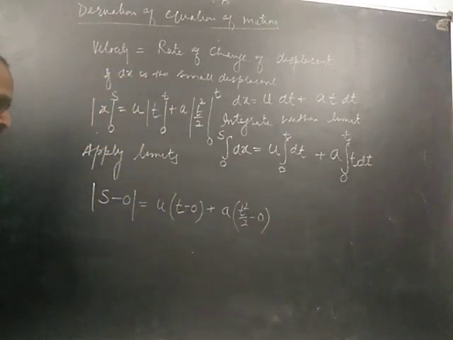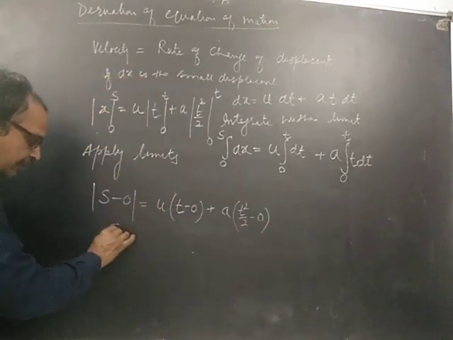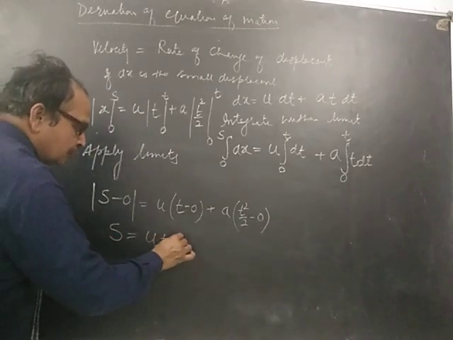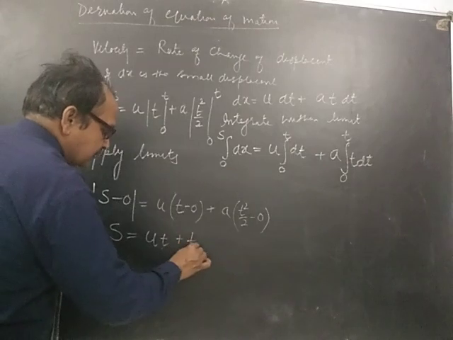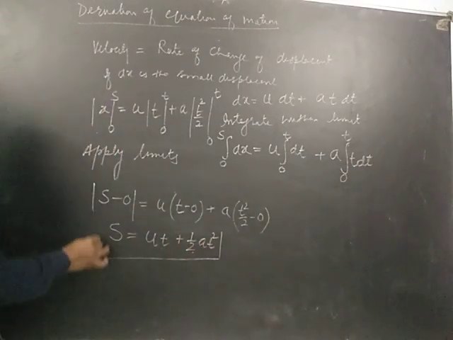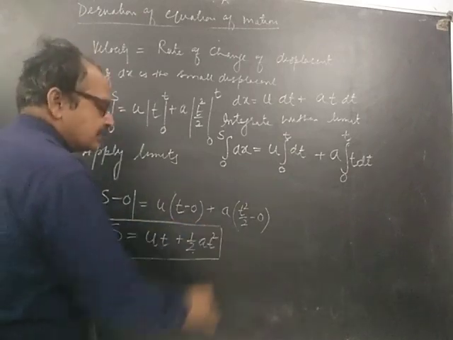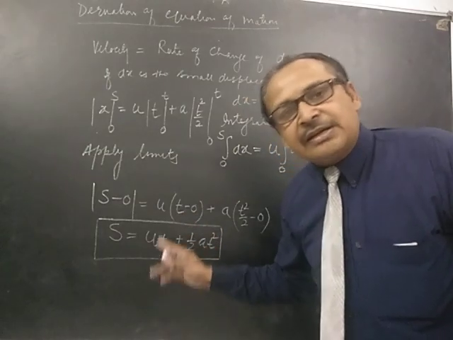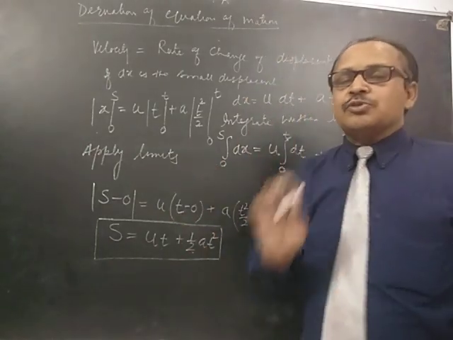Is it clear? So when you open this, what you get? S is equal to ut plus half at square. And this is nothing but your second equation of motion.